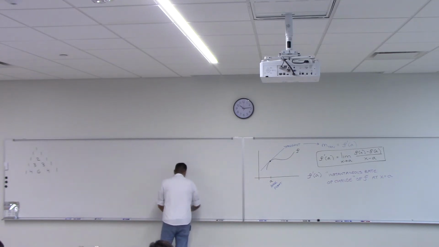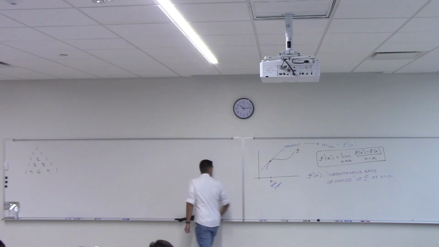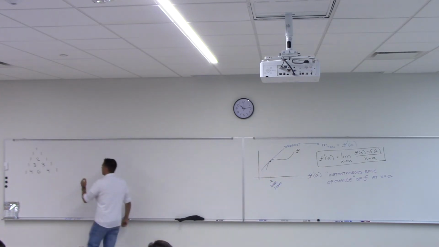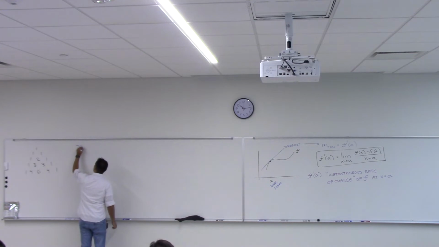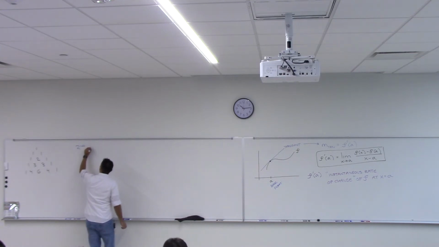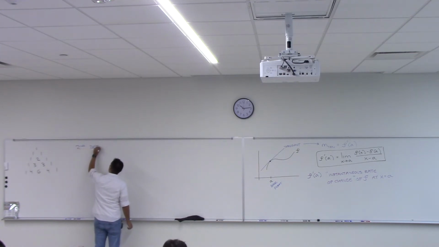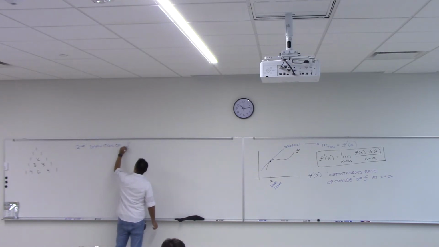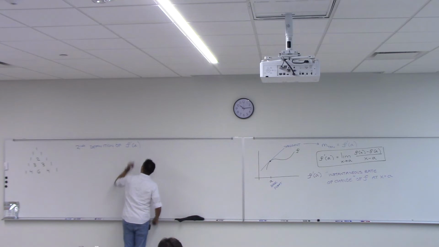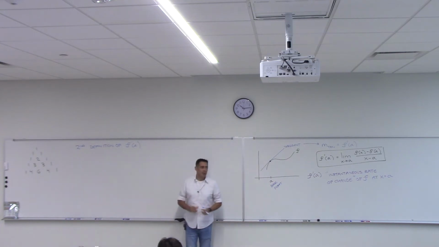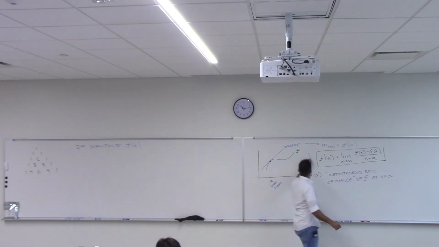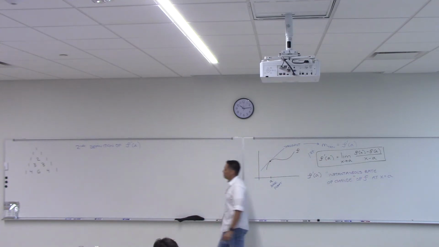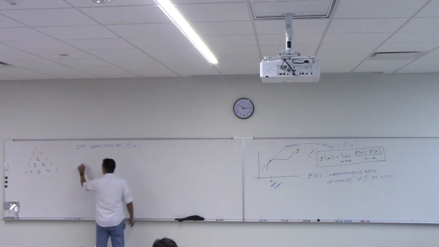I'm going to start from scratch again, kind of the way we built that one, and see if we can build this second definition of f prime of a. This one is now going to be called the first definition, and now the second one. So I'm going to start with a drawing again.